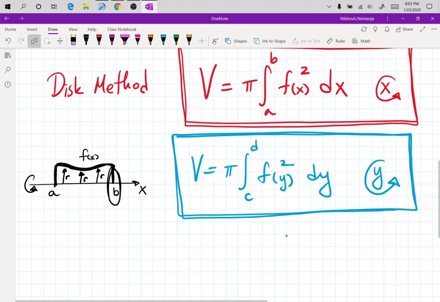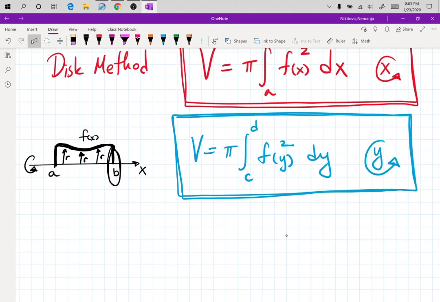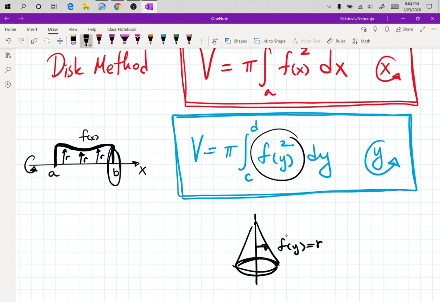Now, you are not used to f of y dy, but you would like your height to be vertical. So if I am to, let's say, draw a cone over here, now you have your function r, which is f of y, and there is your r squared pi, and the height is from c to d, which is the height of the object, to multiply.